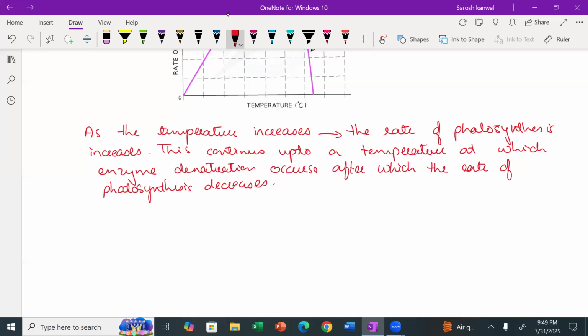Now moving on to the second limiting factor, that is light intensity.